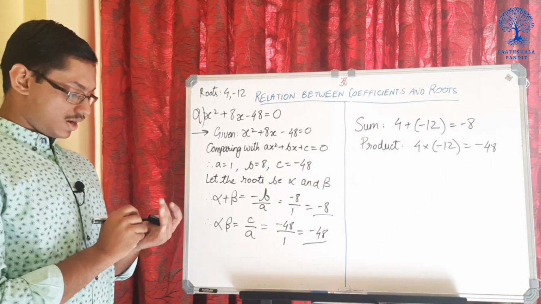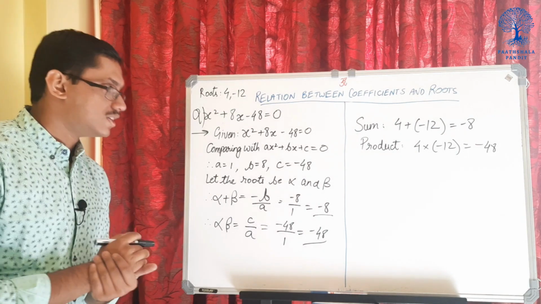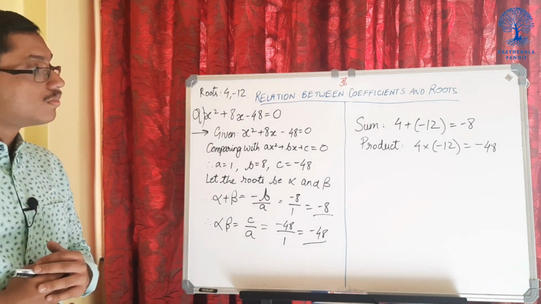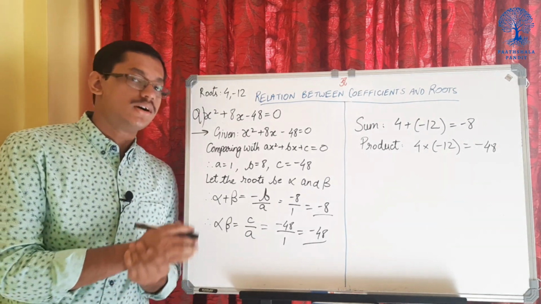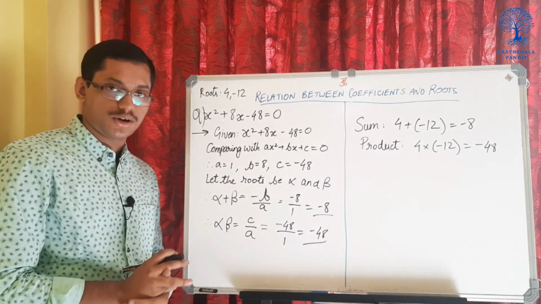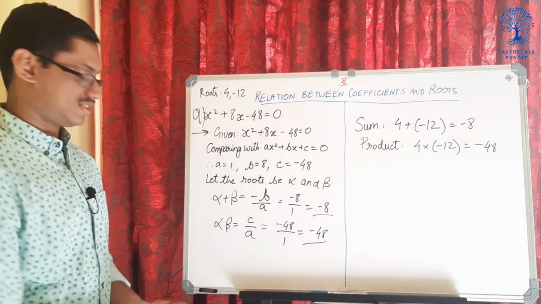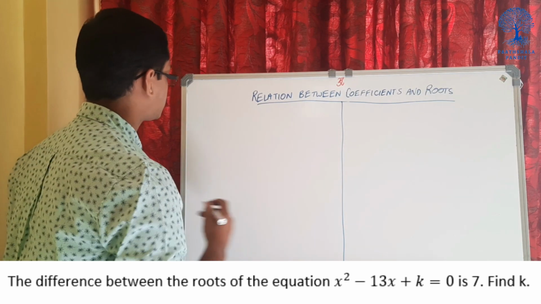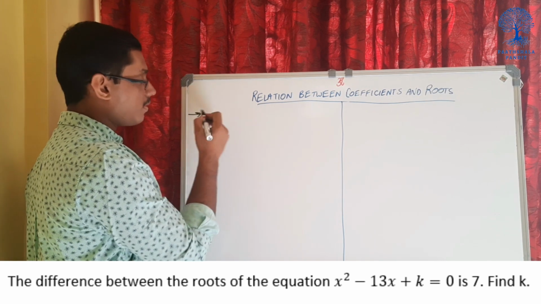Okay. Now this is a very simple question, of course, but more complicated questions come using this formula. Let's see those. Let's see a question. The difference between the roots of the equation x square minus 13x plus k equal to 0 is 7. Find k. Okay, so first let us write the given part.